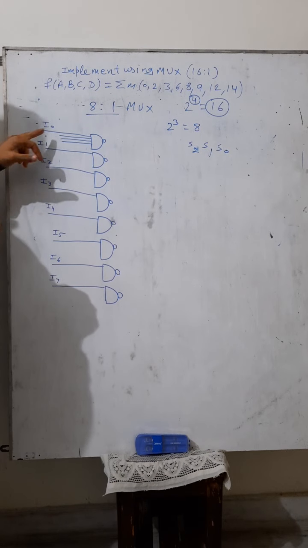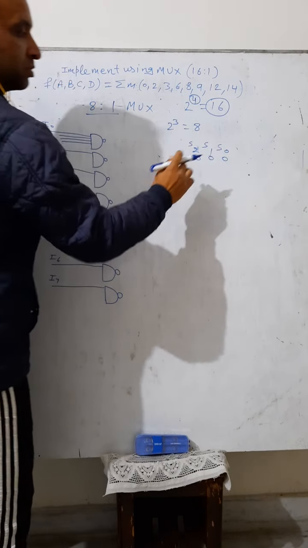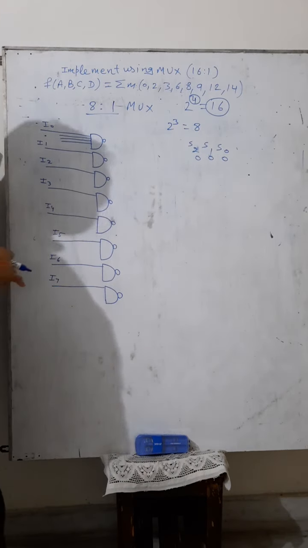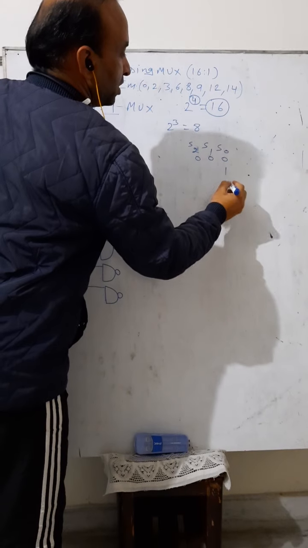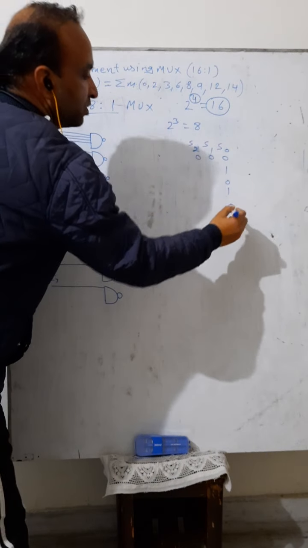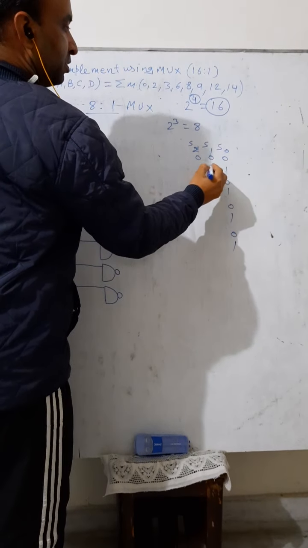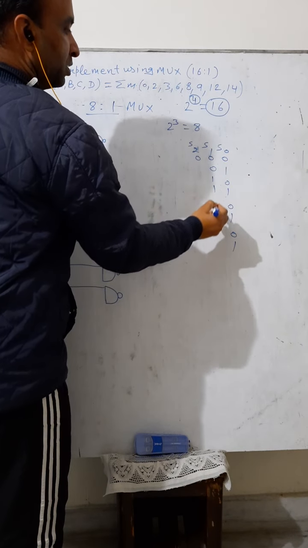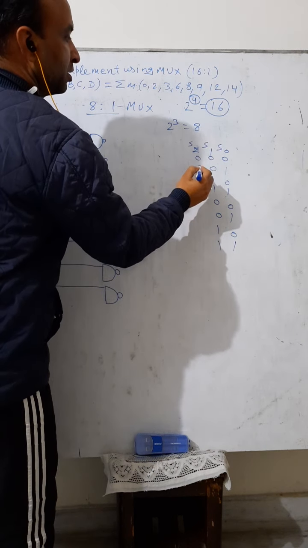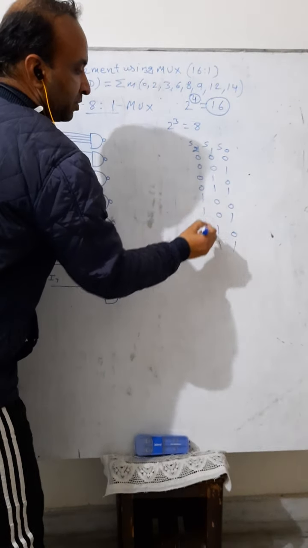So for I0, what will be the value? 0, 0, 0. If we write the whole combination: 0, 1, 0, 1, 0, 1, 0, 1, then 0, 0, 1, 1, 0, 0, 1, 1, and then 4 times 0, 4 times 1.